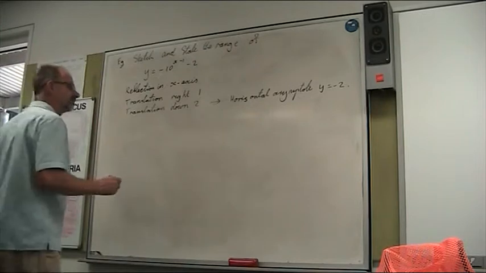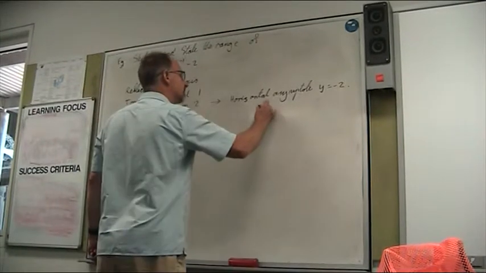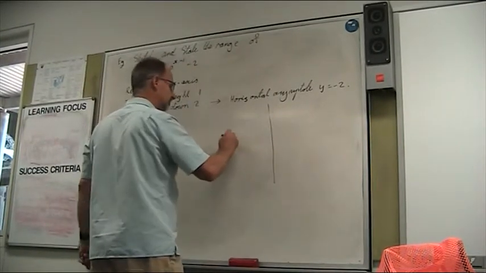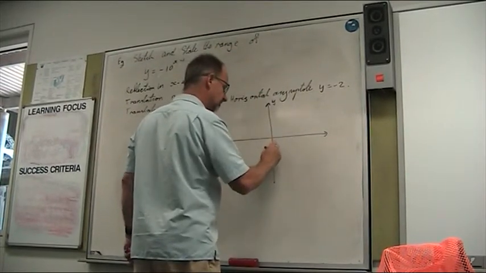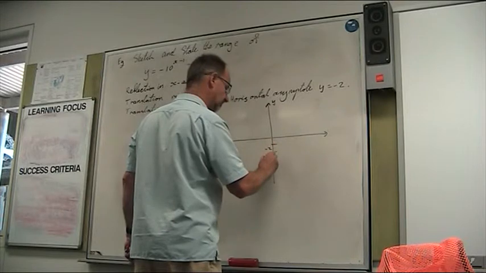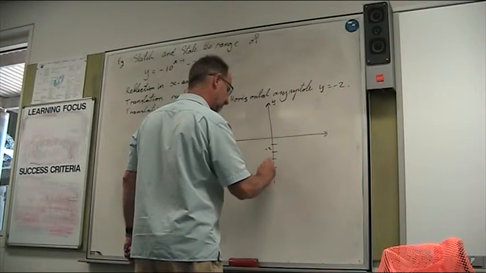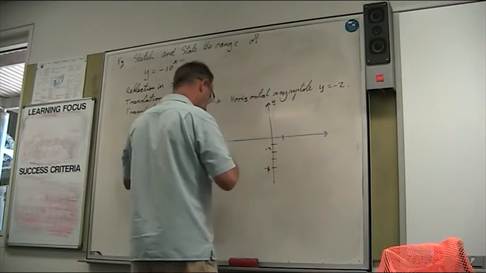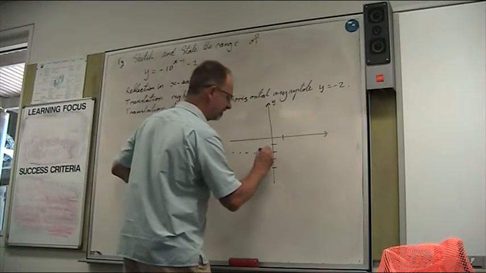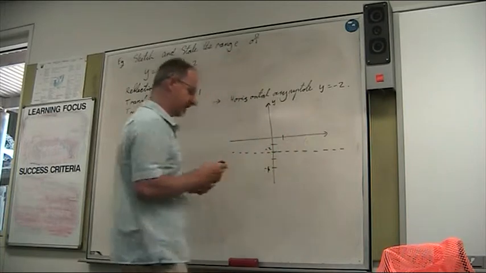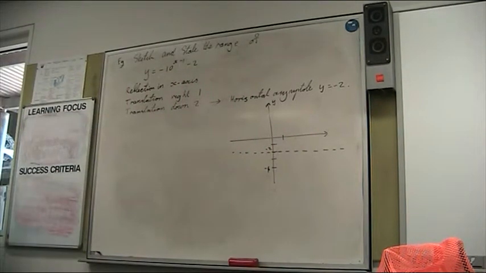All right, so if I sketch that over here, I've got a horizontal asymptote across there like so.